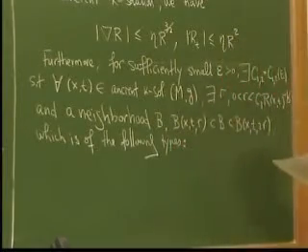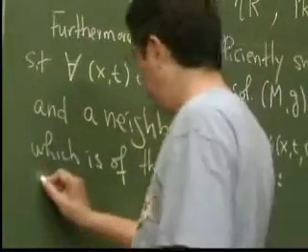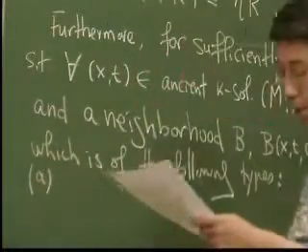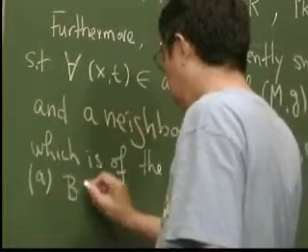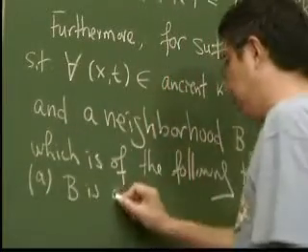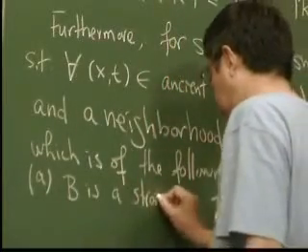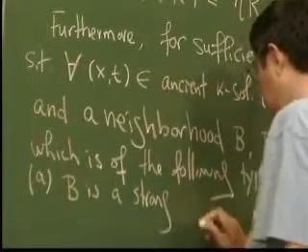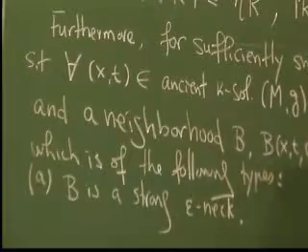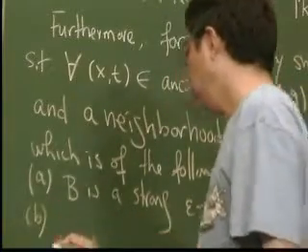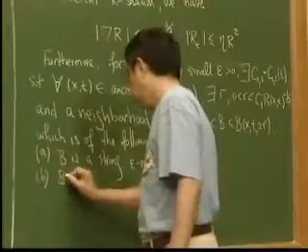First, A, maybe I remind you later, B is a strong epsilon neck. Maybe I will do it after I state it. And B is a so-called epsilon cap.